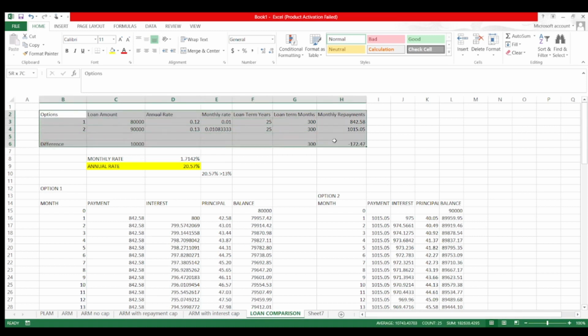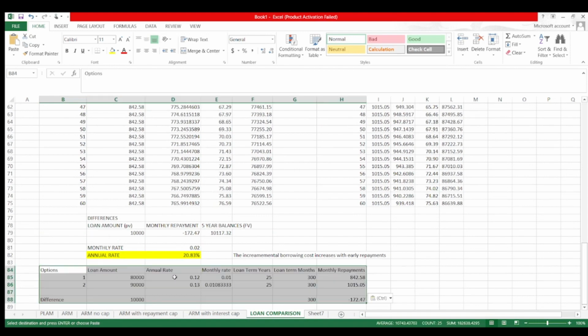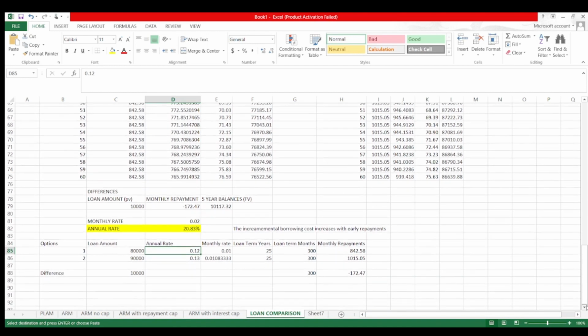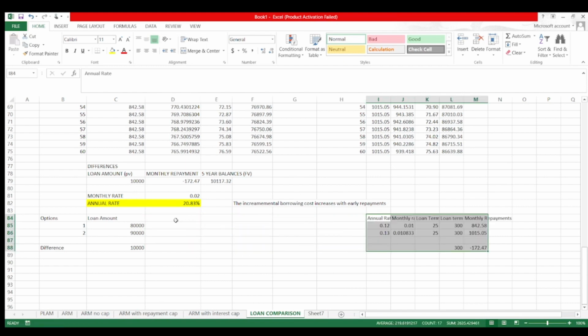So first, I'll simply copy this to help us save on time and clearly illustrate this. So now we have the loan amount, and we also have the loan charges, or rather the loan fees.